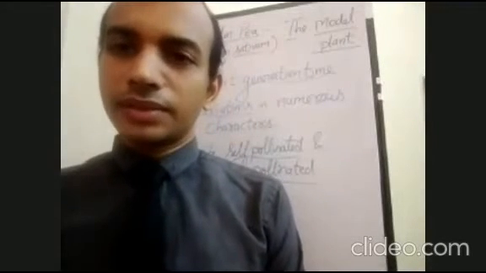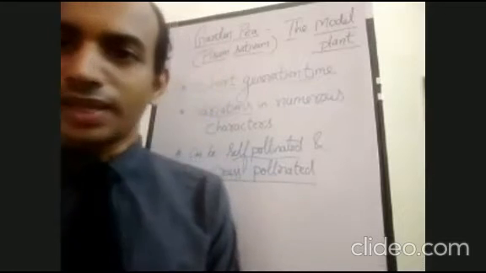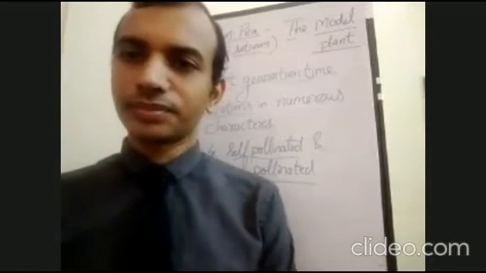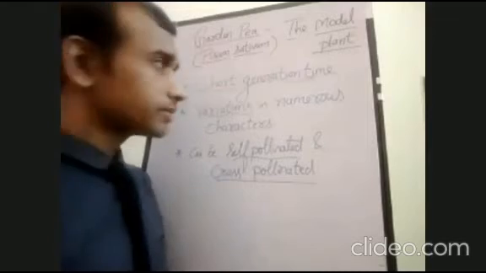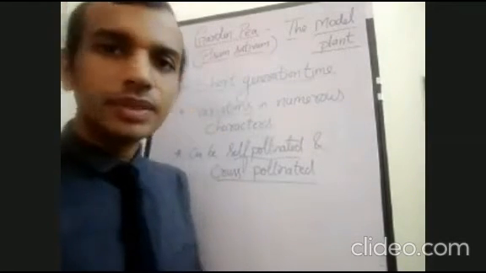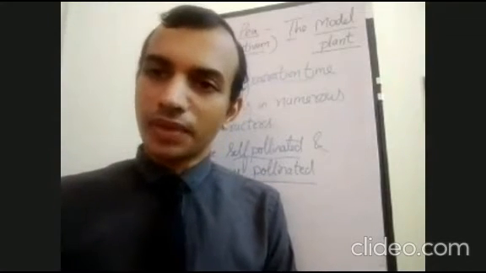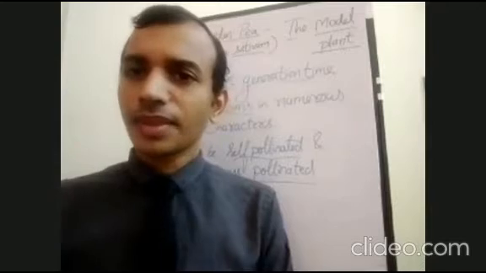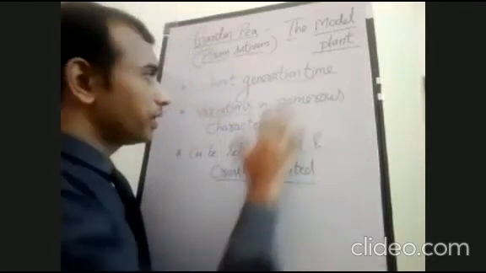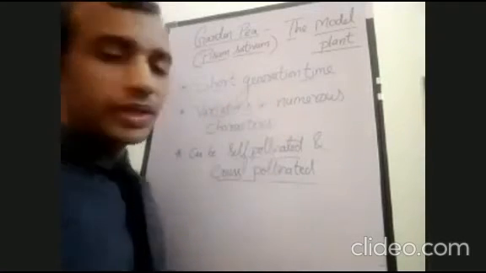Gregor Johann Mendel chose pea plants for his experiments on inheritance and variation. Why this pea plant? Pea plant, the scientific name is Pisum sativum. There are many reasons why Mendel chose pea plants for his experiments. Some prominent ones are these. Short generation time.